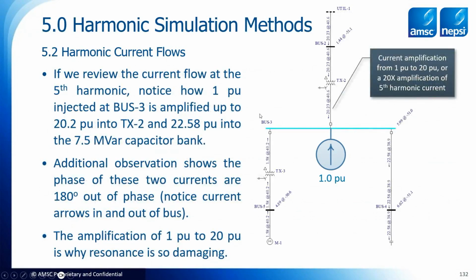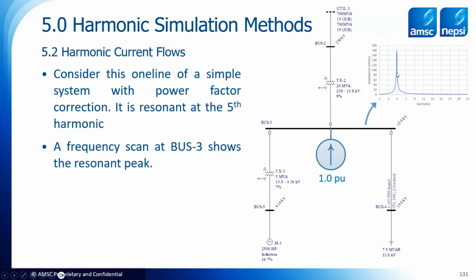In this harmonic current flow, notice all I'm injecting is 1 per unit. But again, the resonant point is at the 5th harmonic. So I want to do a current flow at just the 5th harmonic.